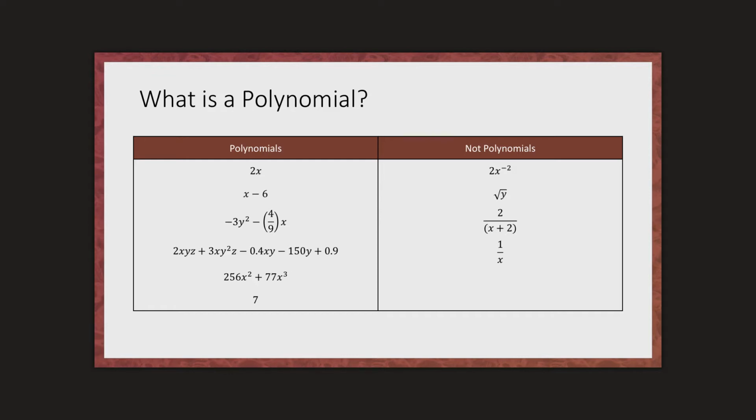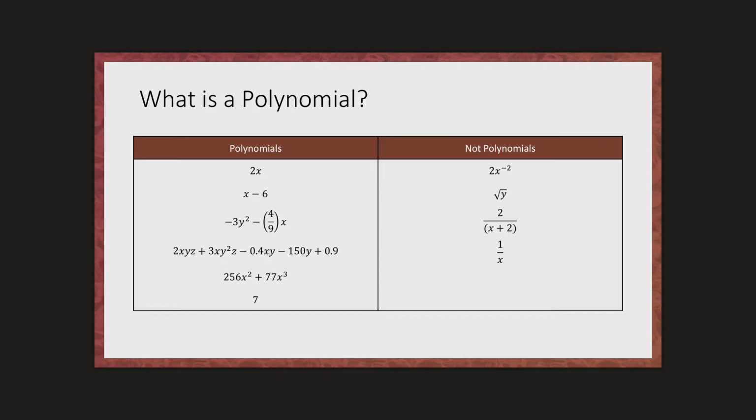Remember, these need to be just addition, subtraction, multiplication, and whole number exponentiation, and that is the case for all of those in the left box. 256x squared has a whole number exponent, plus addition, 77x to the third, whole number exponent. Even the number 7 by itself could be considered a polynomial, even though it's just a constant term.